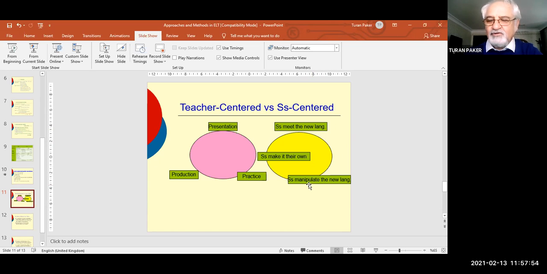And the teacher encourages students to manipulate the new language through various types of activities. So it could be pair work, individual work, group work, class work, like discussion, comparison, contrast activities, or narration activities. There are a lot of things that we can do as a teacher, so that hopefully the language will be their own language by the time.